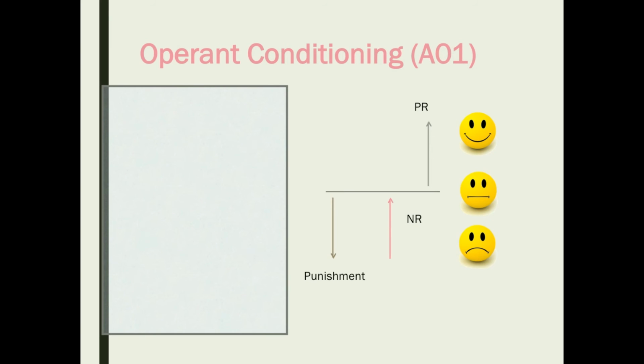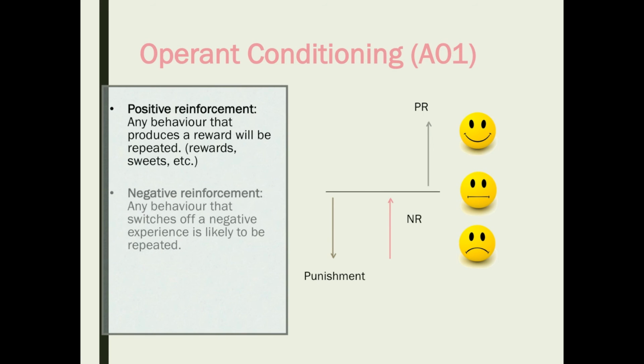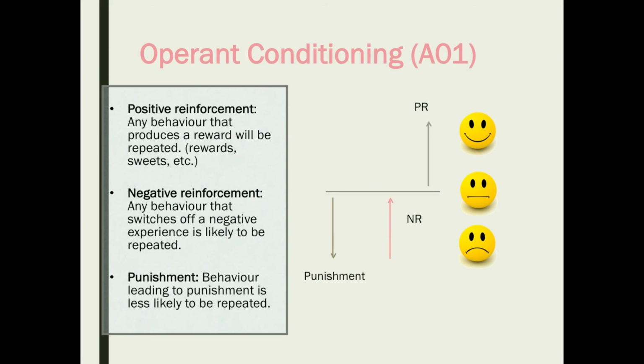Operant conditioning, Skinner. So operant conditioning was devised by B.F. Skinner, and it consists of three elements: positive reinforcement, negative reinforcement, and punishment. Positive reinforcement is the one you're familiar with, when you're rewarded for a behavior so you repeat it. With rats, if they press a lever and receive a treat, they'll press that lever more often.